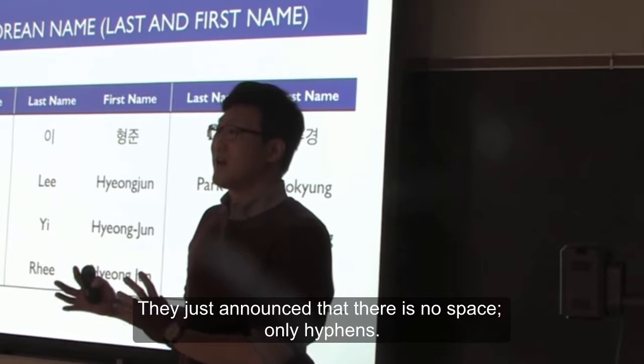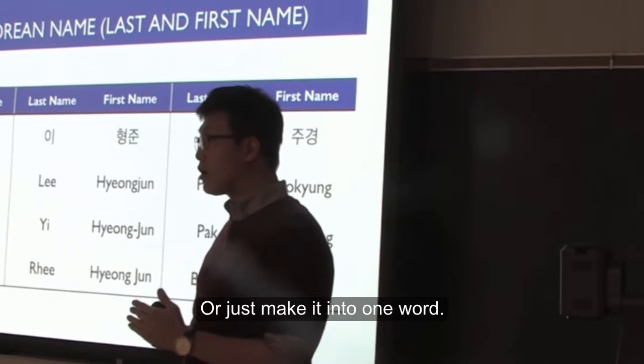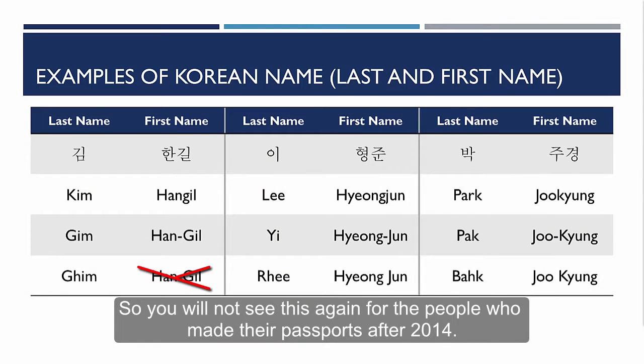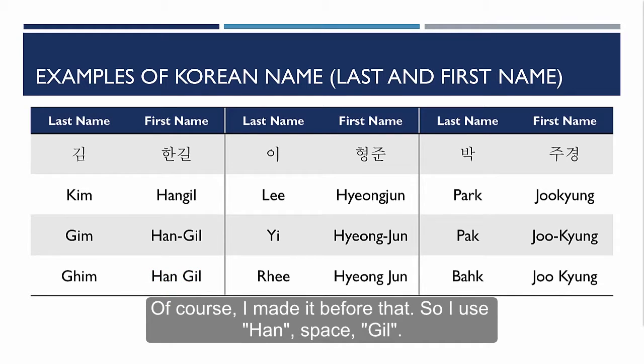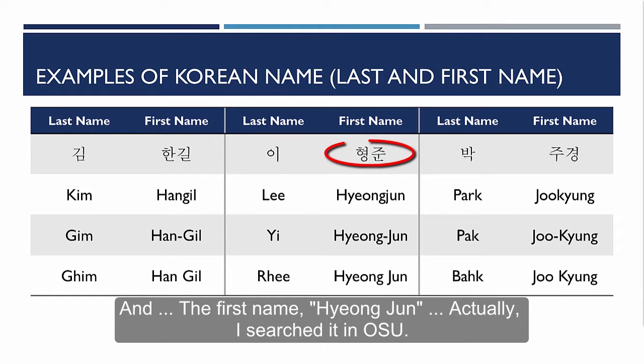They announced that there's no space, only hyphens, or make it one word. So you will not see this again. But people who made their passport after 2014 will follow that. Of course I made mine before that, so I used Han space Gil.